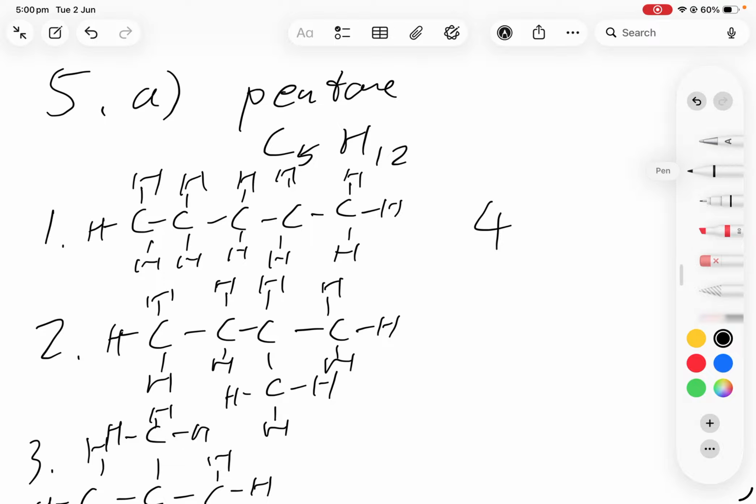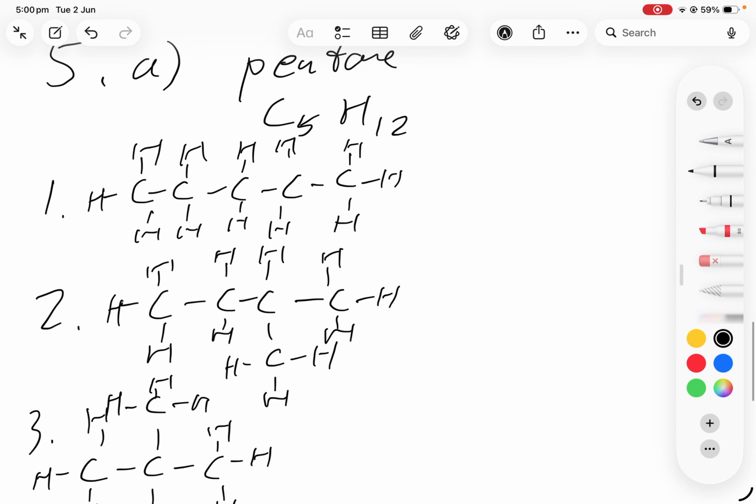But can we draw the alkenes? Actually, because it's a pentane, you can't have the alkenes at all, because that just means there's 2 fewer hydrogens. So that's it. The 3. That should be it.